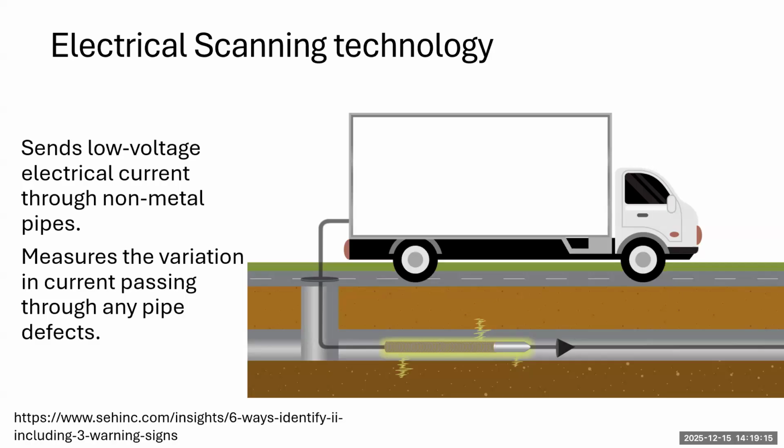And so it's measuring the electricity that goes to the ground. So you can determine the location where we start getting electricity going to ground, and it tells us that there's some type of defect. With a larger crack, more electricity will go to ground than with a very small pinhole. But you can get an idea, fairly economically, if there are defects in a pipe.